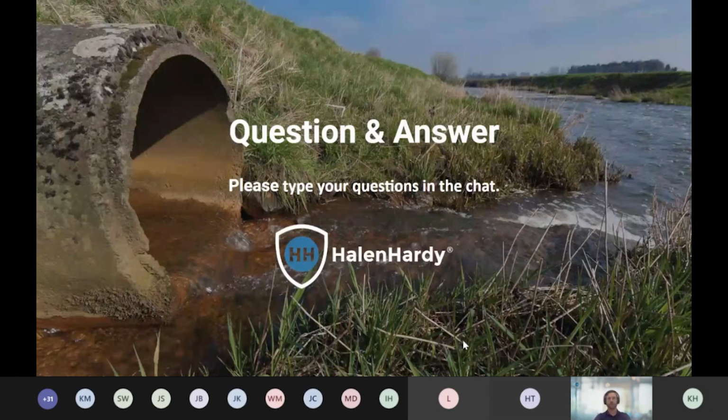I'm not sure if that would include the phosphorus side of things. We are working on some stuff for the bacteria side of things as well. But I'll have to follow up with you after the fact to get a little more info on what you're talking about with the phosphorus reduction.